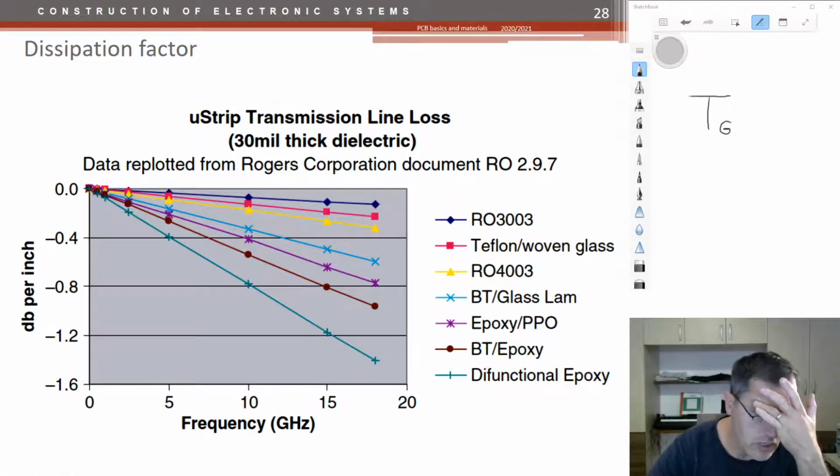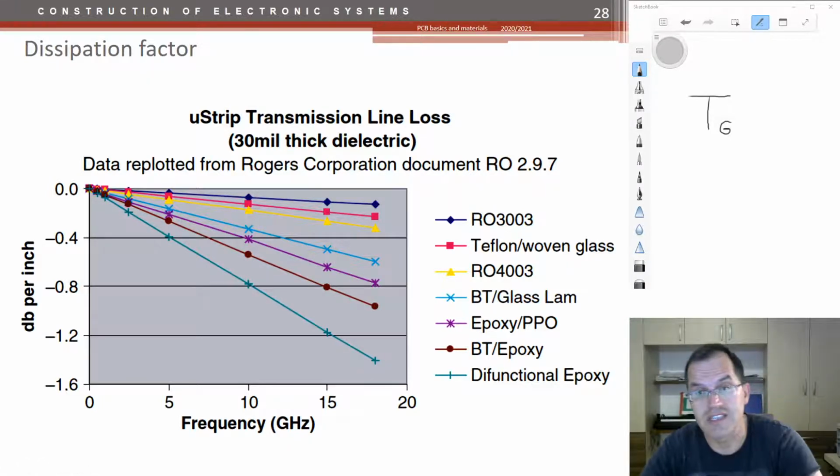Now 5G would go to 60 gigahertz, if I'm correct, at a certain time in applications, and the materials are really important in that range. We'll talk about it sometimes during these lectures as well.